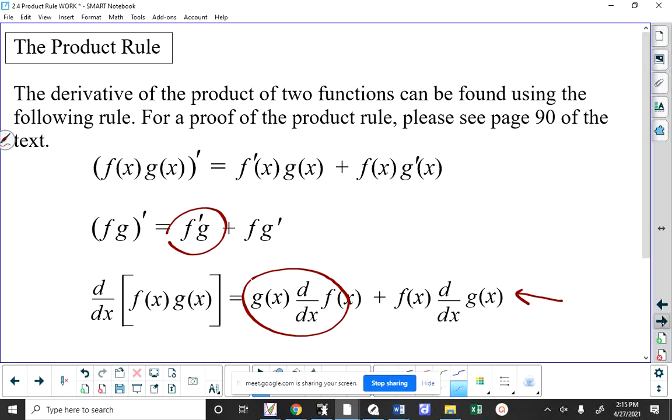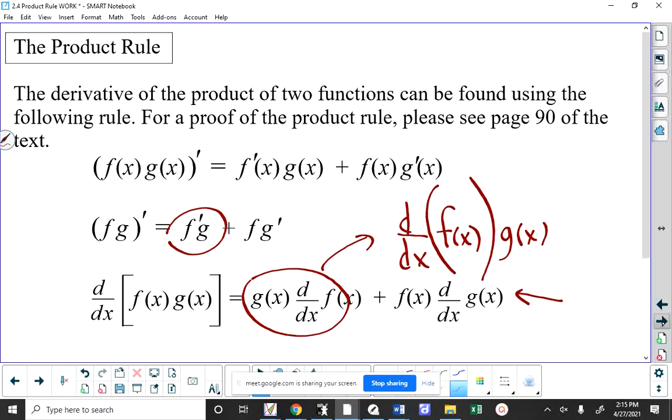That's because if I write it this way, it might be construed that I mean the derivative of the whole thing, but I don't. I mean that. It's kind of like having root x times 4. We would much rather write 4 root x. Anyway, that's the product rule.